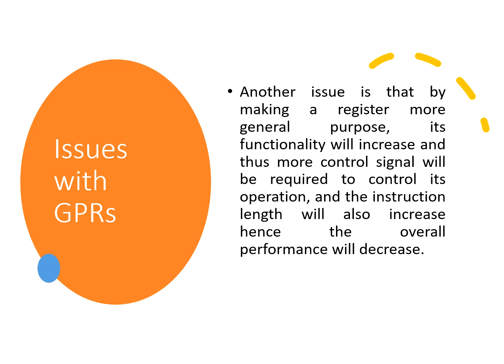So that's what is written here. Another issue is that by making a register more general purpose, its functionality will increase. क्योंकि वो जनरल है, आप मुख्तलिफ काम परफॉर्म कर सकते हैं, and thus more control signals will be required to control its operations.